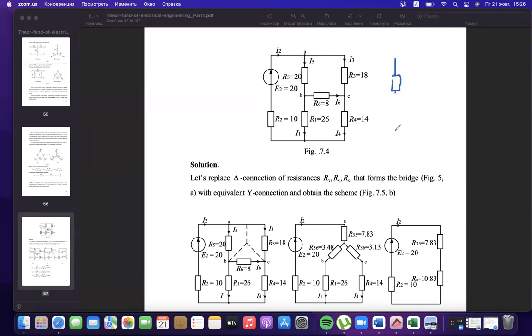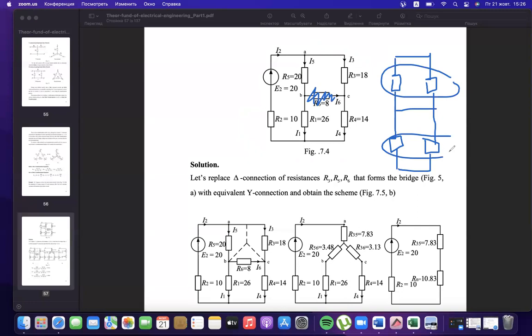In a case like this, if we didn't have resistor number 8, it would be much simpler. We could transform two resistors in parallel, then two resistors in parallel, then the series of these pairs one by one.